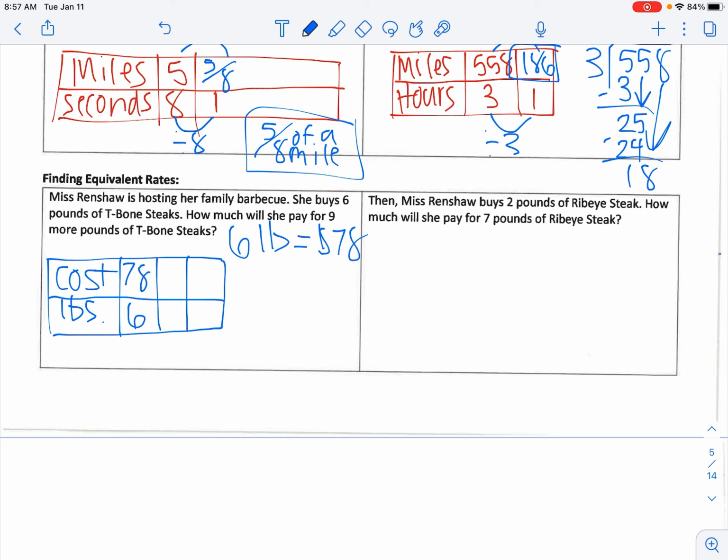It says, how much will she pay for 9 pounds of T-bone steaks? So, we're trying to get to 9 pounds, so I put it on the bottom with pounds. Yesterday, or last class, we would have found a number that 6 and 9 have in common. So you would have done 3. But this time, we're going to go down to the unit rate. And our unit rate is always 1.